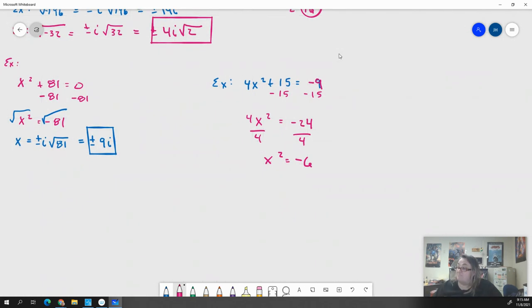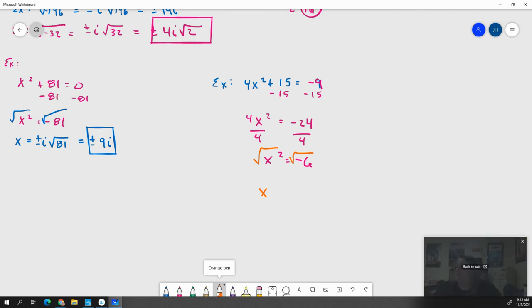Negative 6, I can already tell you, is not a perfect square, right? Because we know 2 times 2 is 4, 3 times 3 is 9. 6 lies somewhere in between those. We know it's not going to be perfect. We're still going to go for it. Here I've got, whoops, sorry, not x squared, x equals the square root of negative 6.